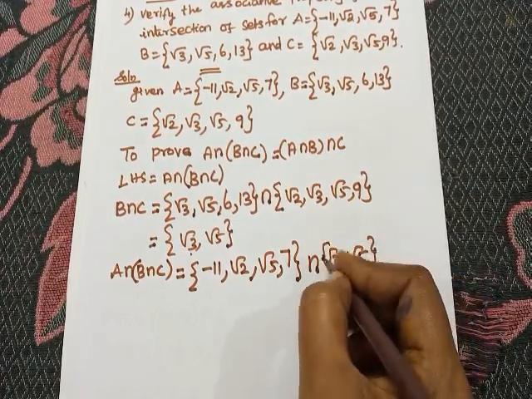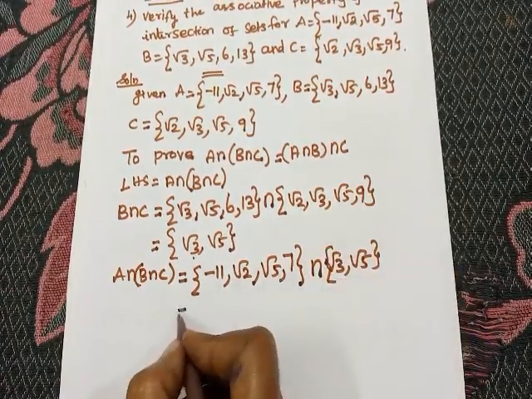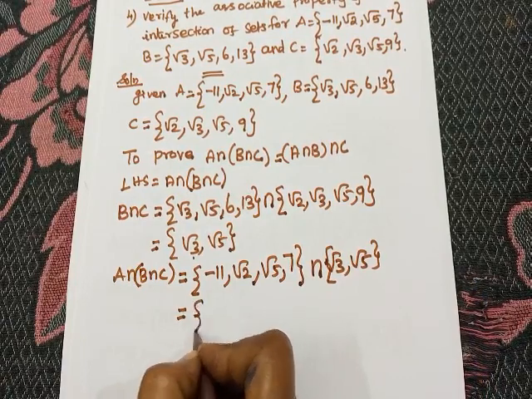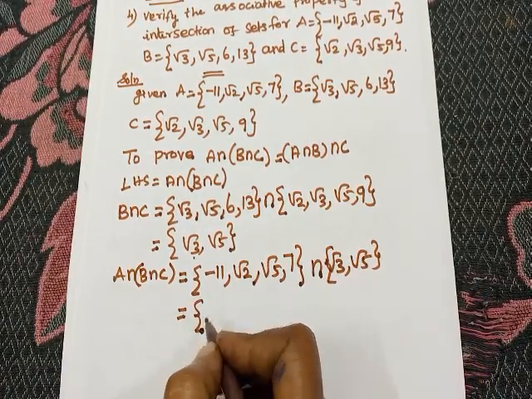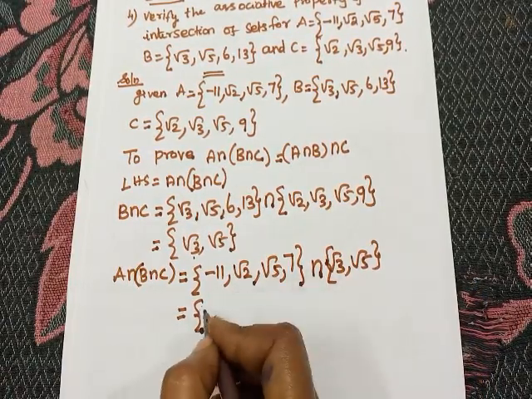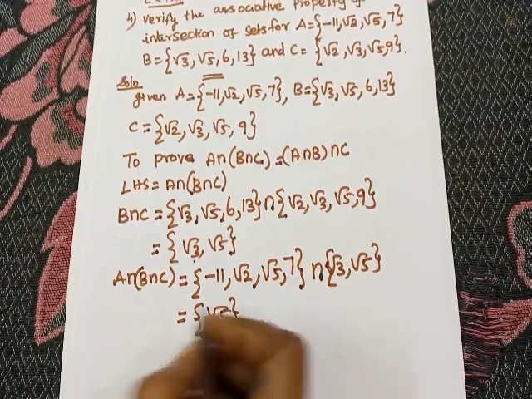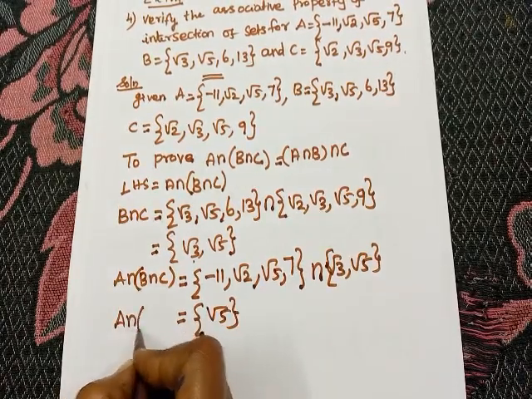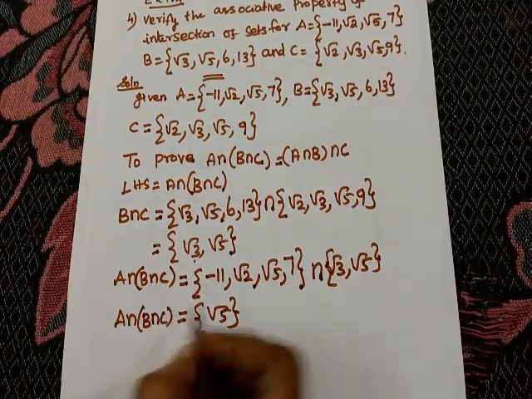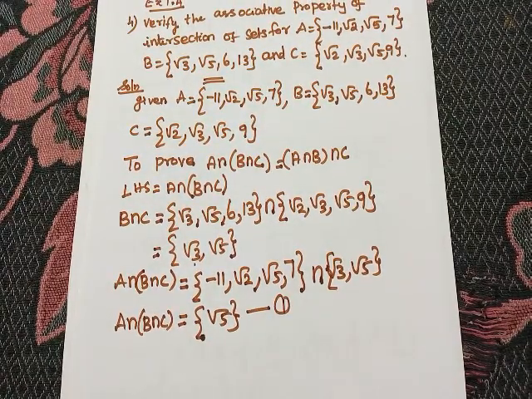Now we write the common value of both sets. We find only root 5 is common. That is A intersection (B intersection C), which is equation number 1.